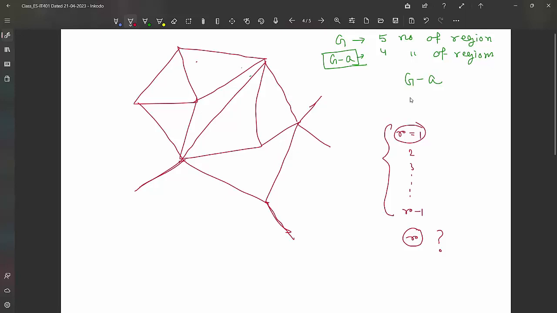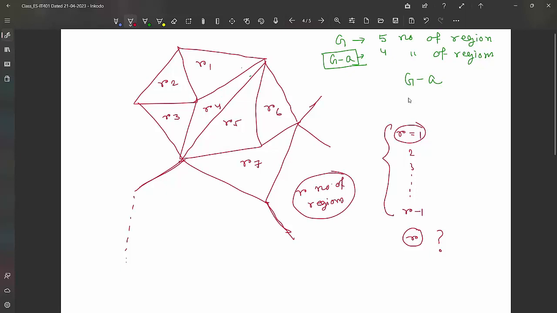Now we define the regions. This is R1, this is R2, this is R3, this is R4, R5, this is R6, R7, and this outer whole portion represents R8 because there are no bounds other than that. So there are a total of 8 regions, and we are taking that there are so many extensions also, so a total of R regions are there.